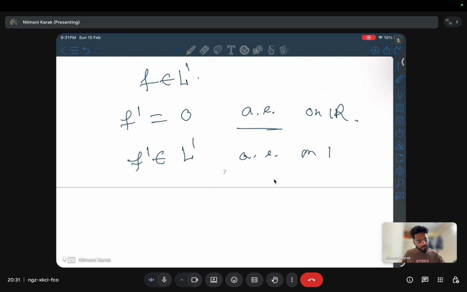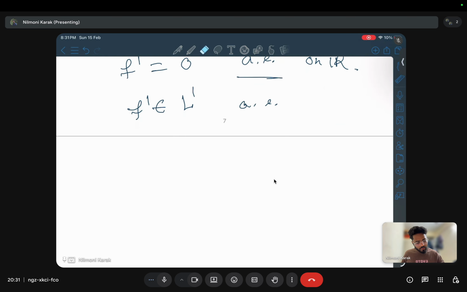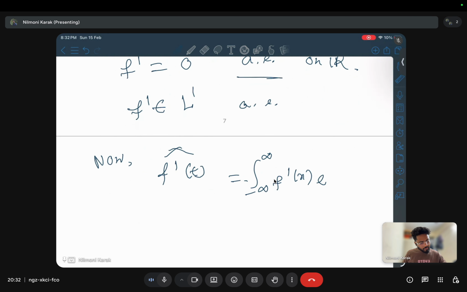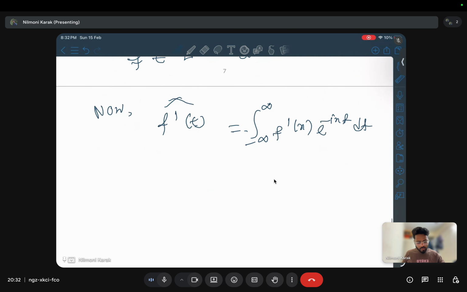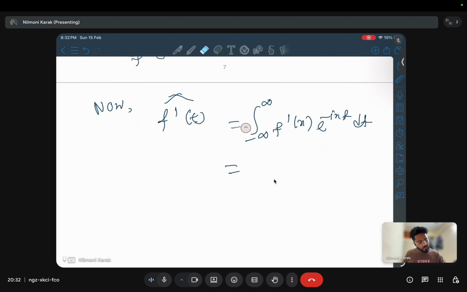Now the Fourier transform of f dash, f dash hat of t, equals the integral from minus infinity to infinity of f dash(x) e to the power minus ixt dx. What is f dash? f dash is 0, so this is 0 almost everywhere on R.